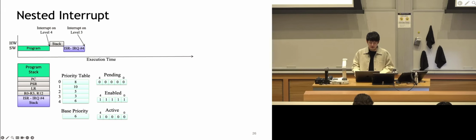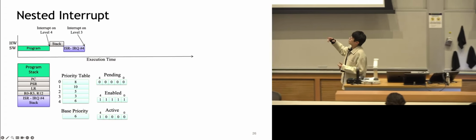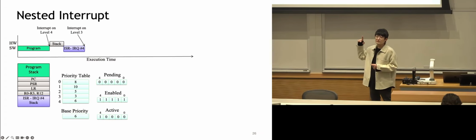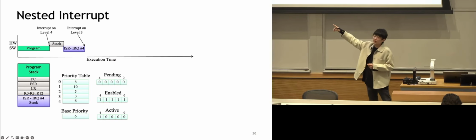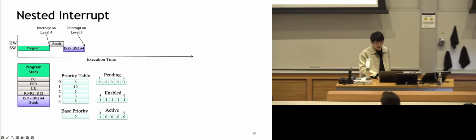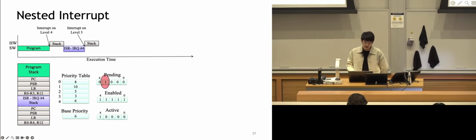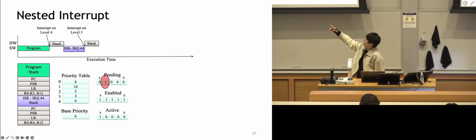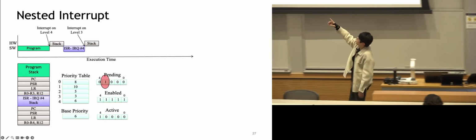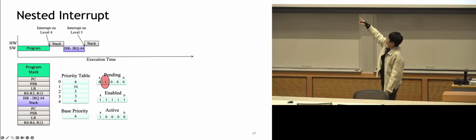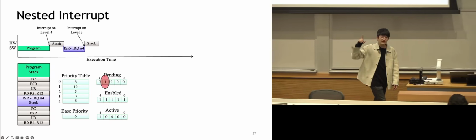Then we talk about preemption. So basically what happens is that while we are executing a lower priority interrupt, which in this case is the same interrupt we were showing in the previous slides with a base priority of 6, all of a sudden another interrupt happens on the index 3, which happens to also have a priority number of 3, which is higher priority than the base priority of the current interrupt.